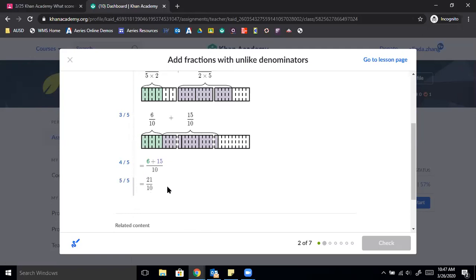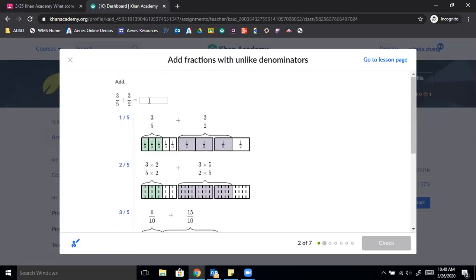Okay. They give you the final answer so that you don't have to get stuck on the same thing for more than 10 minutes. Okay, that's not what I want you to do. I do not want you to be stuck on the same thing for more than 10 minutes. If you need a hint, this is where you get it. Okay, so if you wrote 21 tenths, that would give you the correct answer. If you wanted to change this into a mixed number, this would be what?